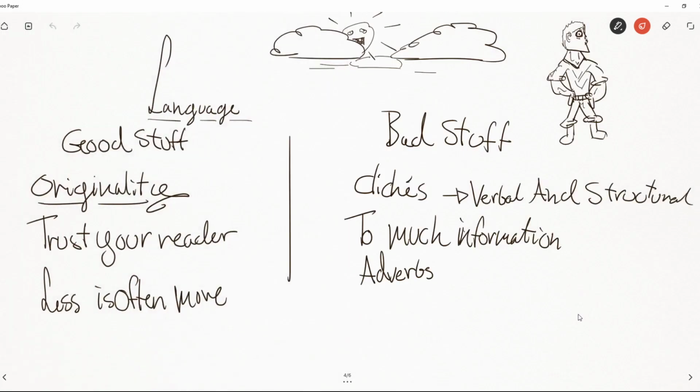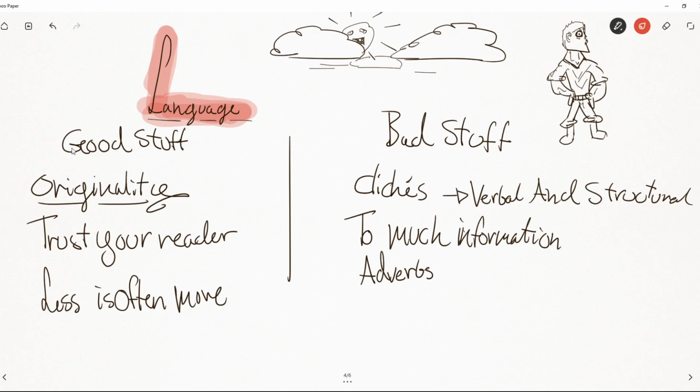So okay, language. Language is important. Language is of course not everything, but almost everything when you are writing, because language is the medium that you are expressing yourself with. So it's important.